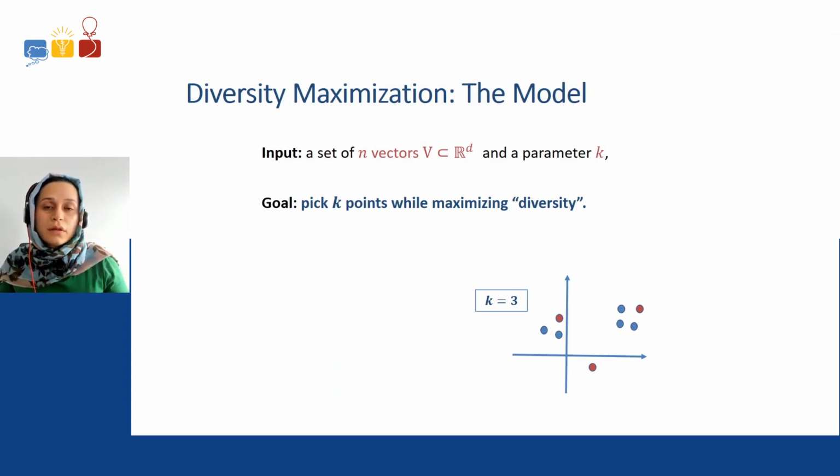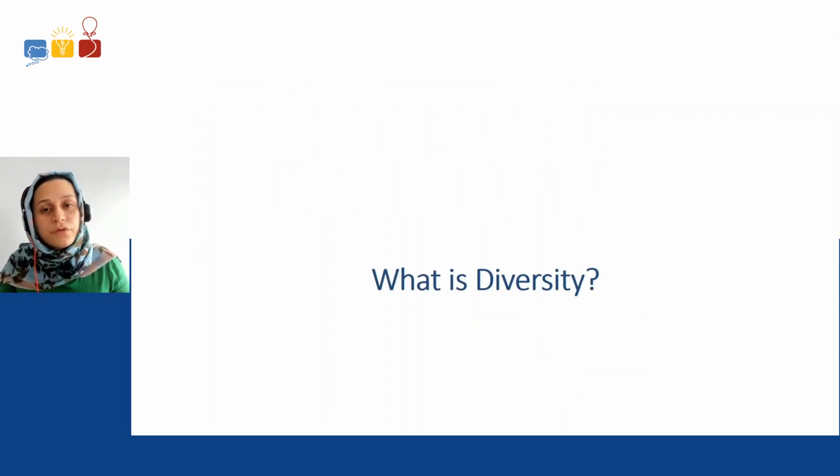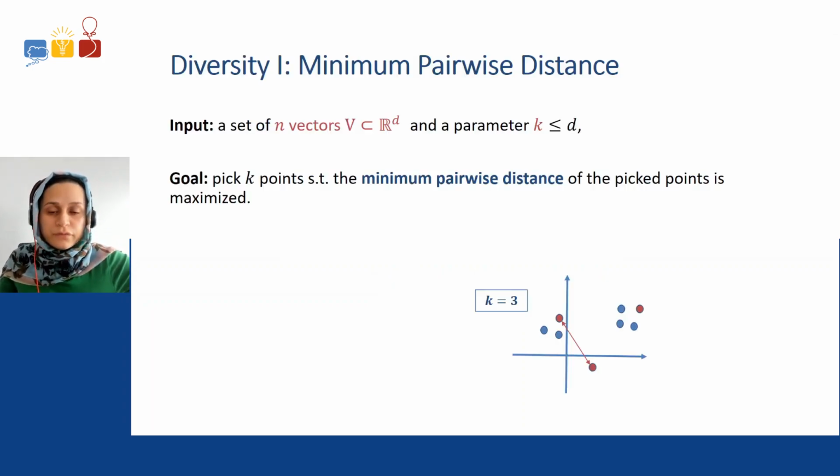Okay. And the first question you're asking is how are you measuring diversity? There are several ways that people have used successfully to measure the notion of diversity, and let me name a few of them. For example, you can define the diversity of a set of points as their minimum pairwise distance. Okay, so if k is equal to 3 and I pick these 3 points, these are the closest, so I say that their diversity is equal to the length of this arrow.